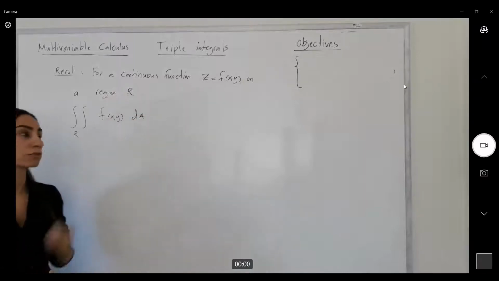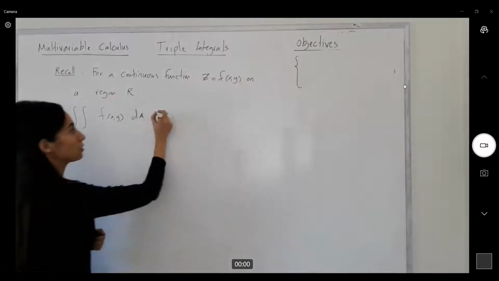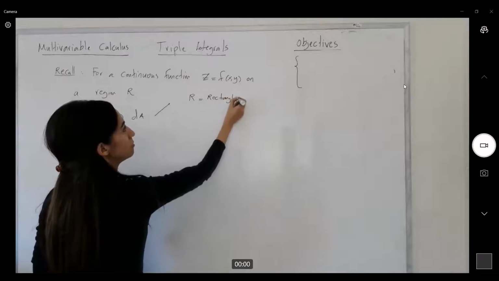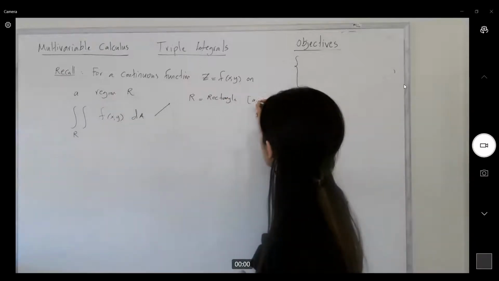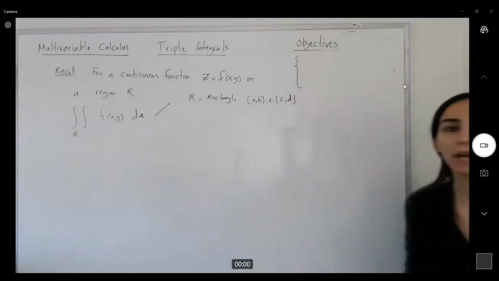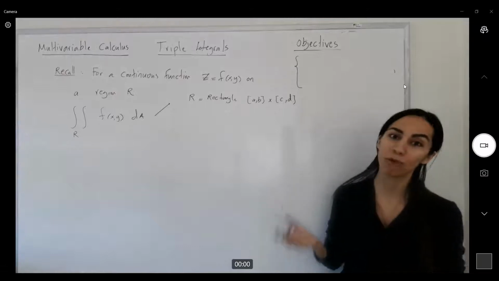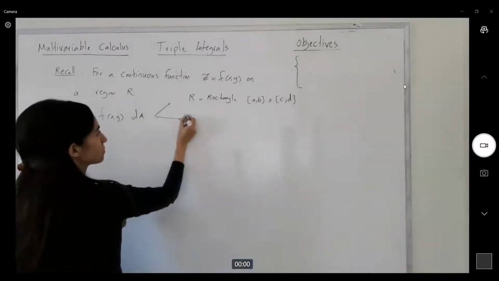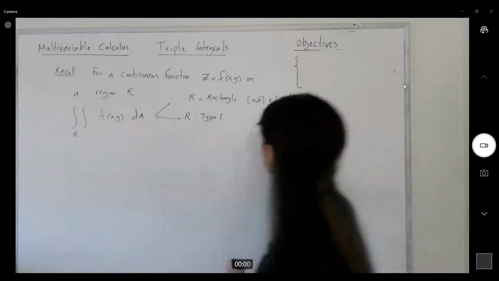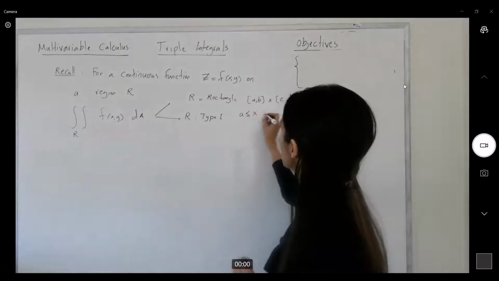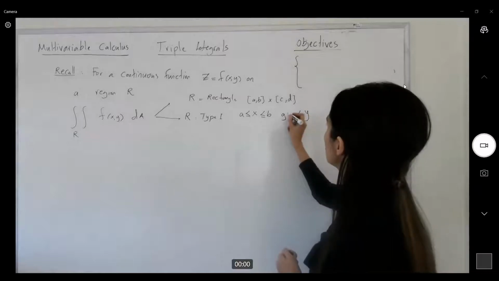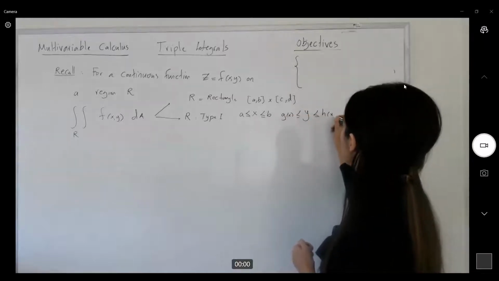We either have a region which was a rectangle, where x ranges from a to b and y ranges from c to d. Or we have type 1 regions, where x was in between two constants like a and b, and y was changing between two functions, g of x and h of x.